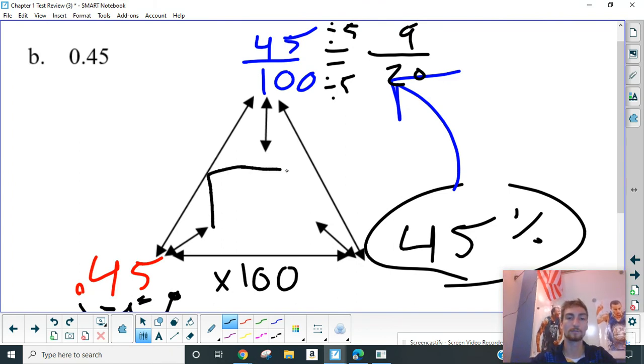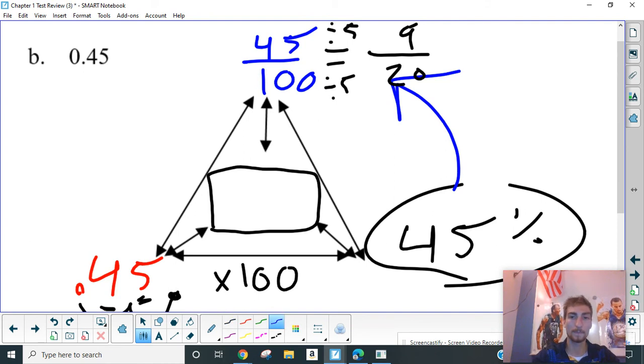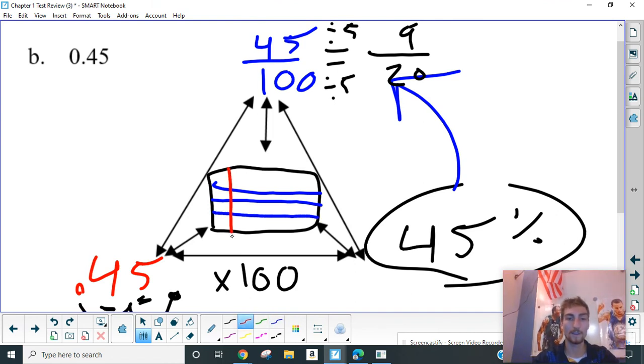Okay, so now I could draw a grid of 20. Let's go 4 pieces across, and then let's go 5 pieces here. Okay, so now we have 20 squares. They don't have to be beautiful squares, but now we just need to shade 9 of them.